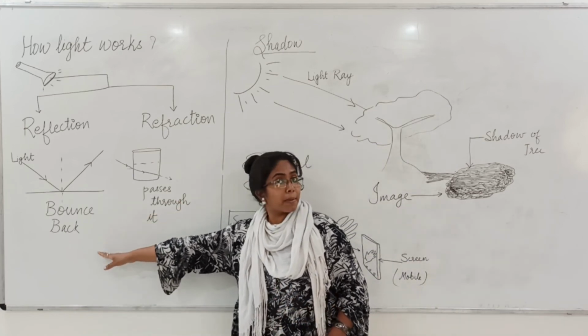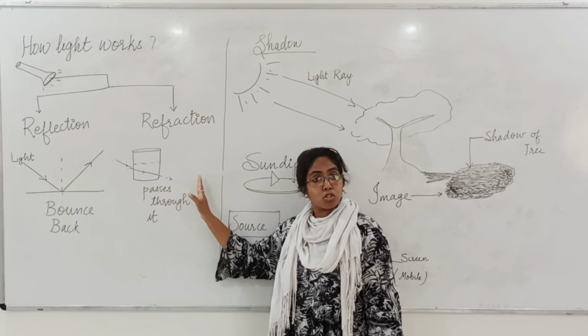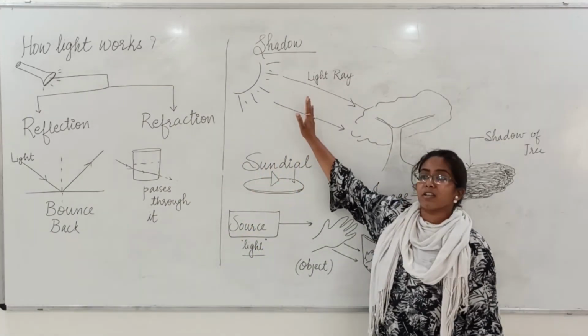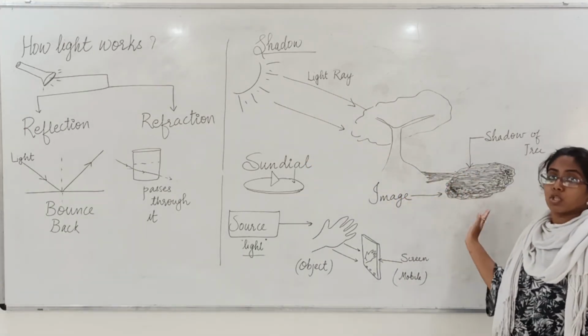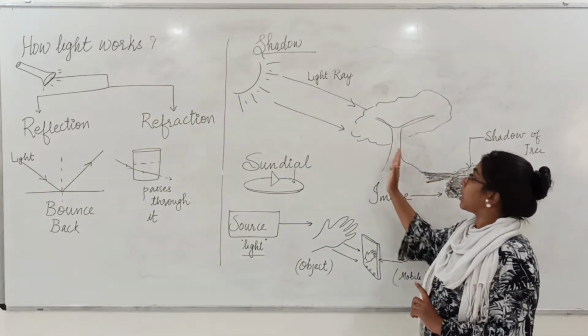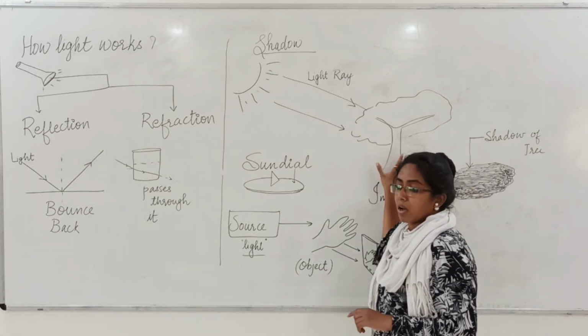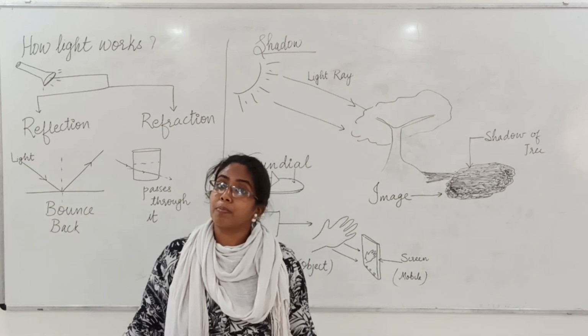Reflection is the bouncing back of light. Refraction is when the light passes through and then the image is formed. And then we have shadow, a dark area which is formed when the light is obstructed by an object. Next class we have the question answers, and so thank you.